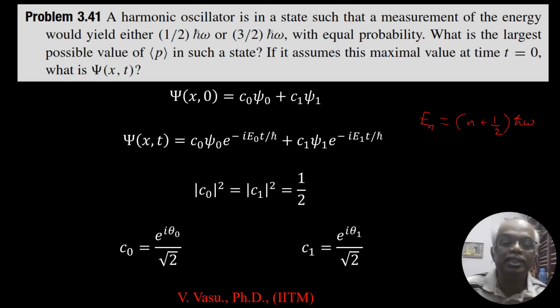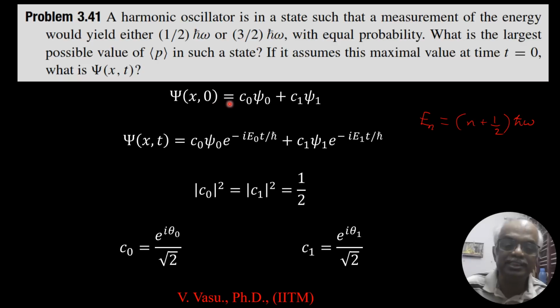So for (1/2)ħω, n must be 0, the ground state energy. Then for the next excited state, n = 1, you get (3/2)ħω. So we will take the linear combination of the ground state and first state.